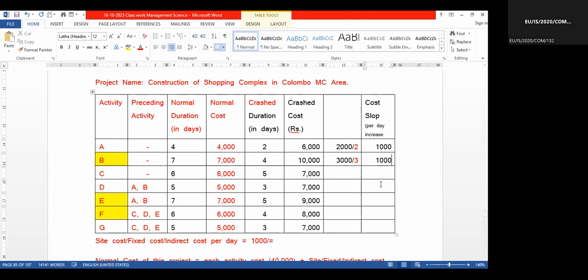So the next one, C, by 1 day. So that is also 1,000. It's not always 1,000, but in this example it is also 1,000.